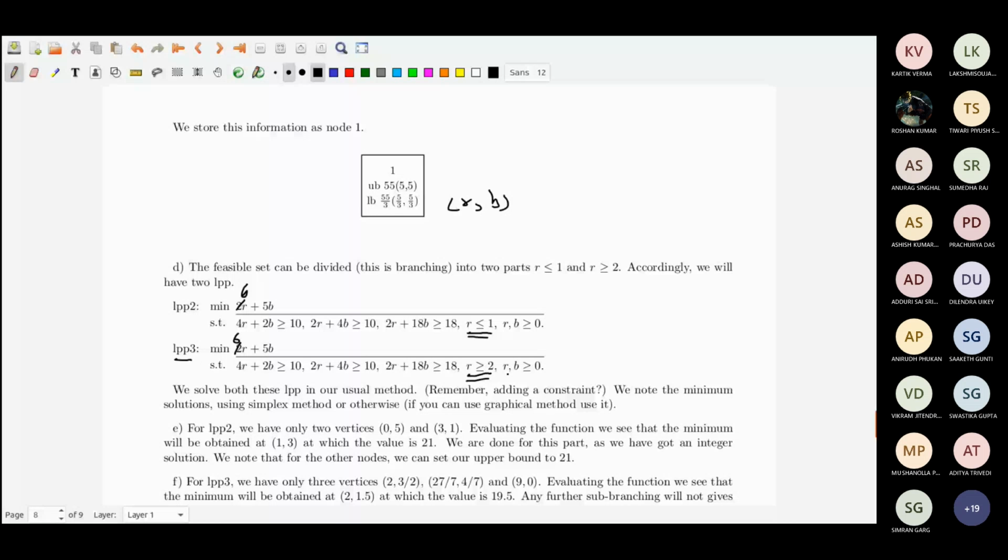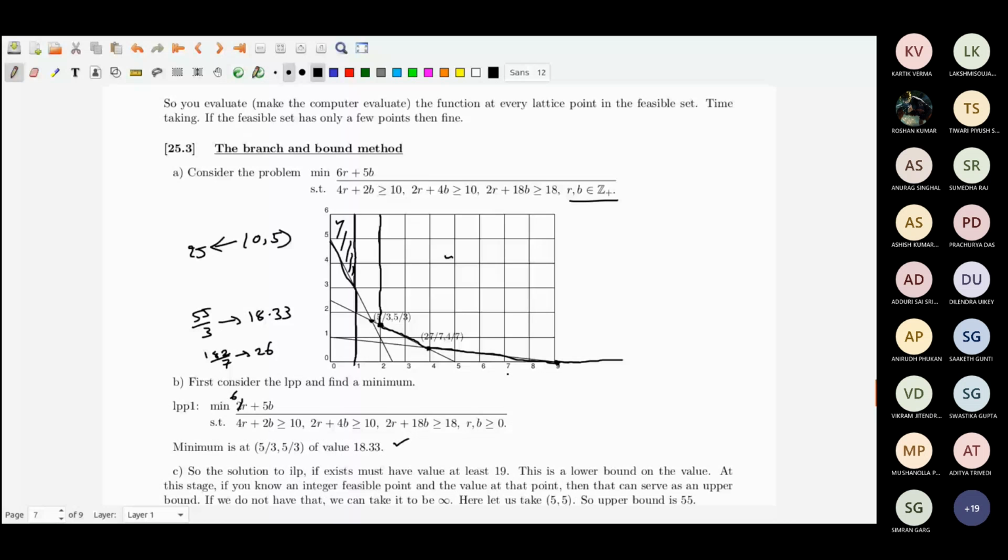So now you look at the graph itself. If you are checking R less than equal to 1, it is this left hand side part, this part only. And how many vertices does it have? Now it has only two vertices. One vertex is here, one vertex is here. Well, if R is equal to 1, and this is the line, what is this line? This one is 4R plus 2B equal to 10.